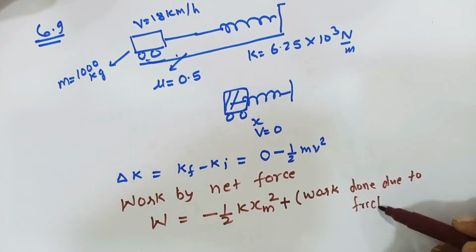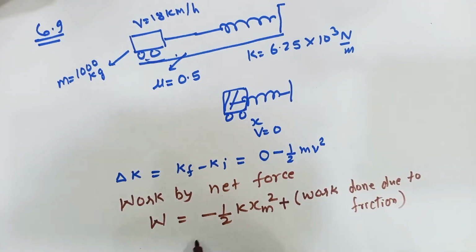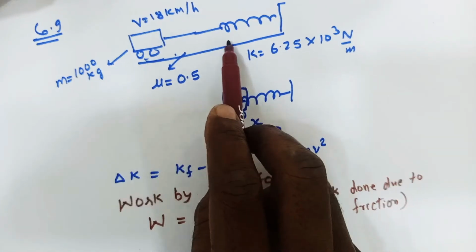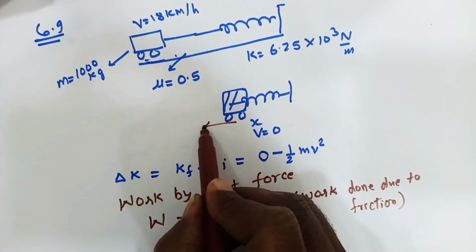So what will be the work done due to friction? The car is moving, so the kinetic energy is 1 by 2 m v square. The spring gets compressed by half k x square, the restoring force, plus the friction force is here.